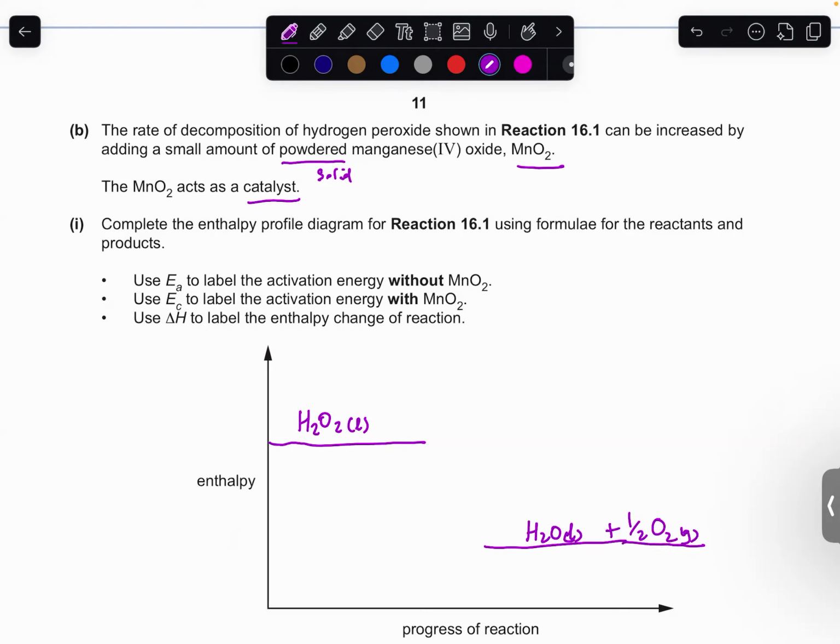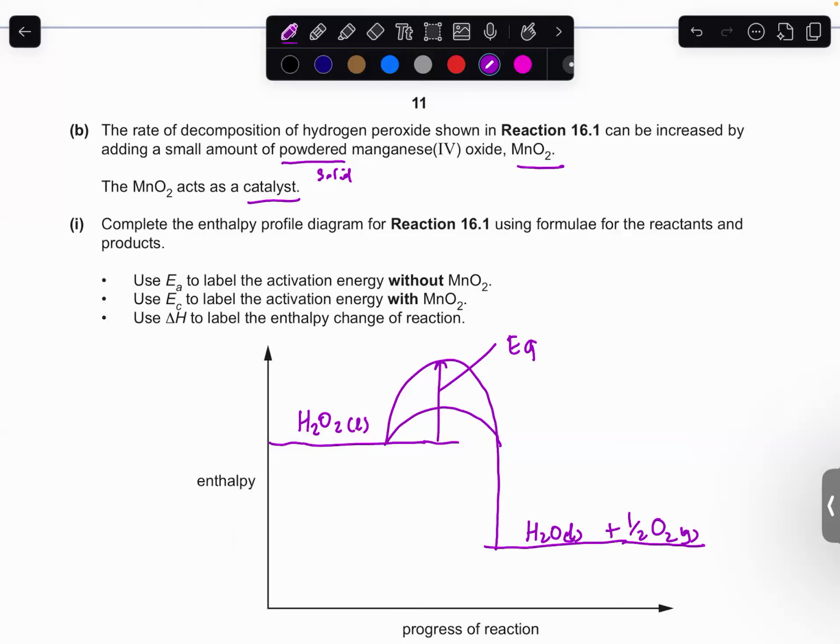You've got your activation energy, which starts from here. This is your EA. Because you can only use one black pen in the exam, I'm not going to use colors here, just draw over it.